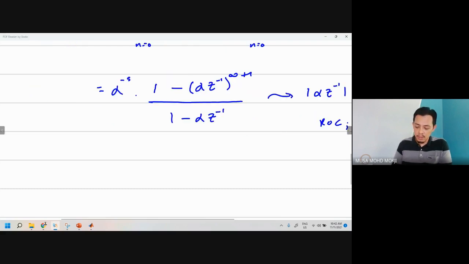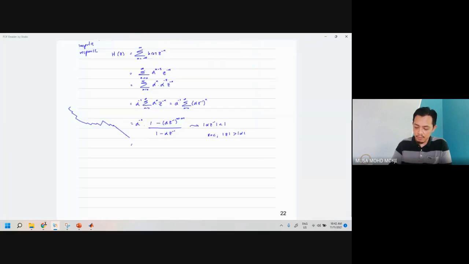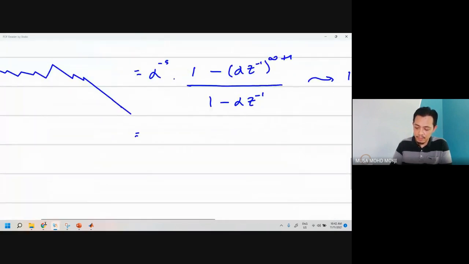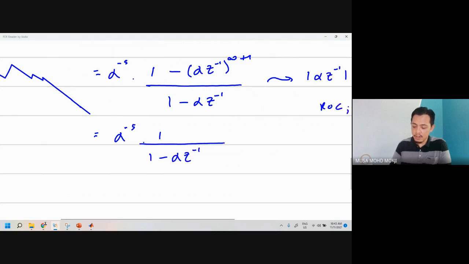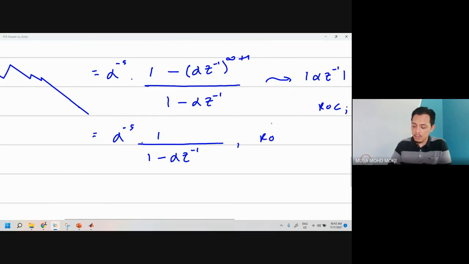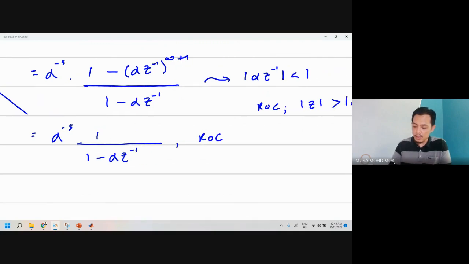And this is where we can finalize this as alpha^(-5) times 1 divided by (1 minus alpha z^(-1)), where the ROC is |z| greater than |alpha|.